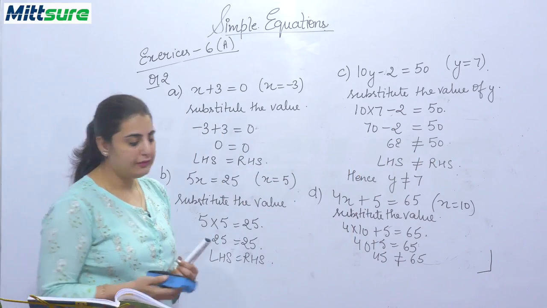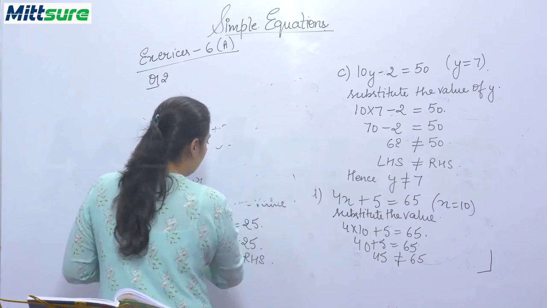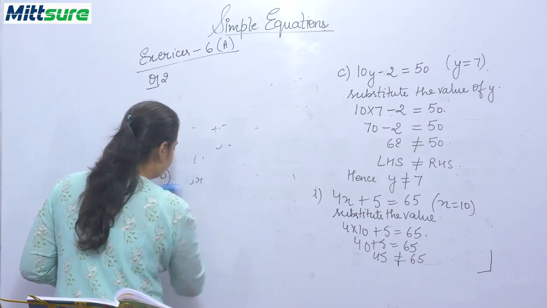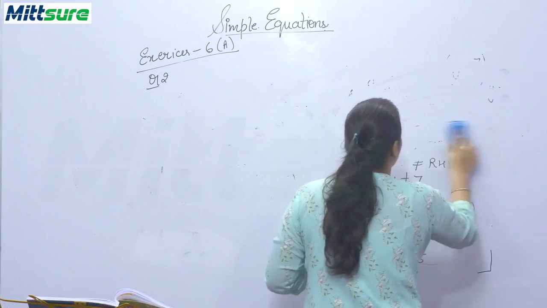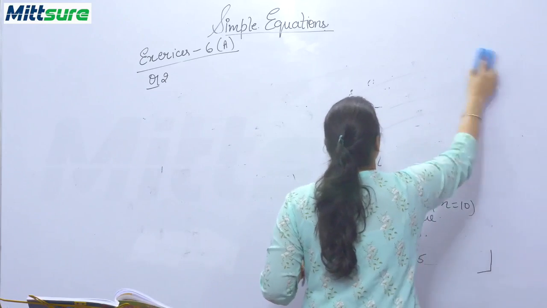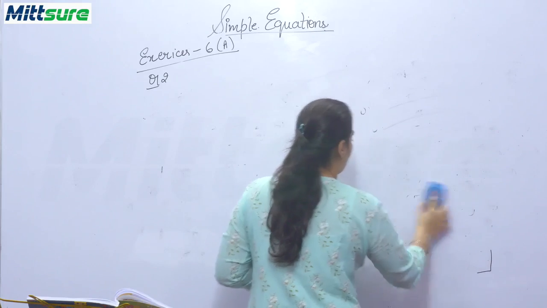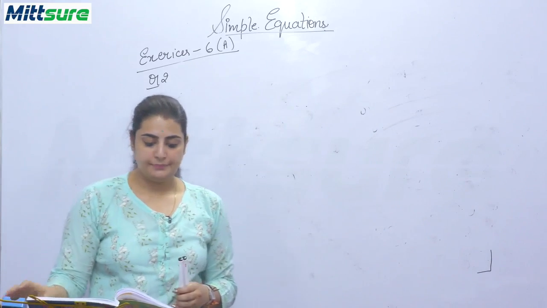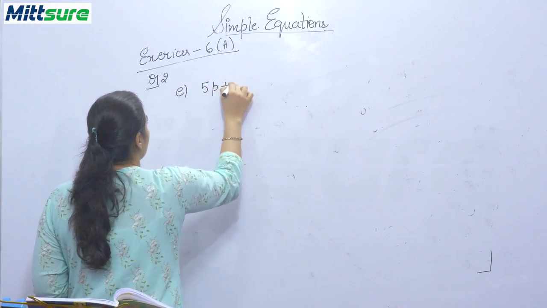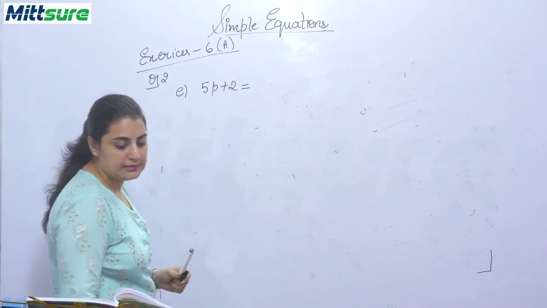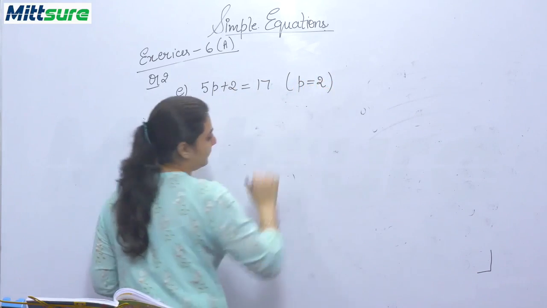Now we will talk of E part. Now in E part, let us see what will be there. In E part, we have got 5p plus 2 equals 17, where the value of p is 2.